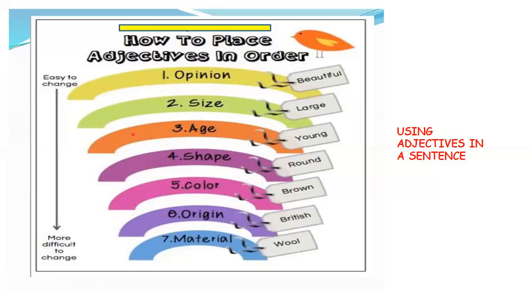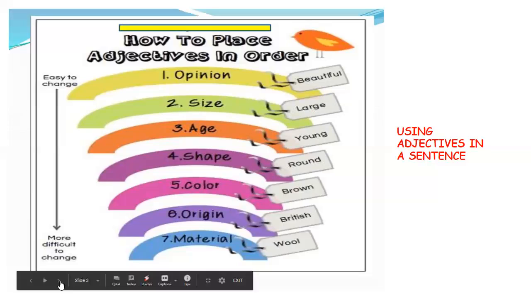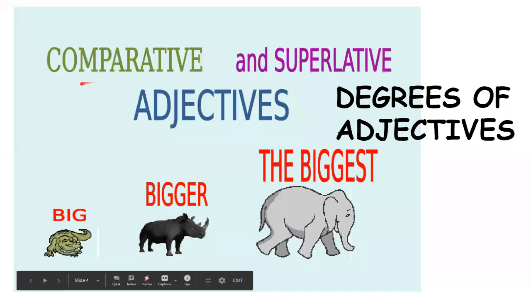See, kids, it's not important that we use so many adjectives in our sentence. But whenever we are using these adjectives to describe something, we need to use them in proper order, which is very essential. Next, we talk about the main thing, that is the degrees of adjectives.